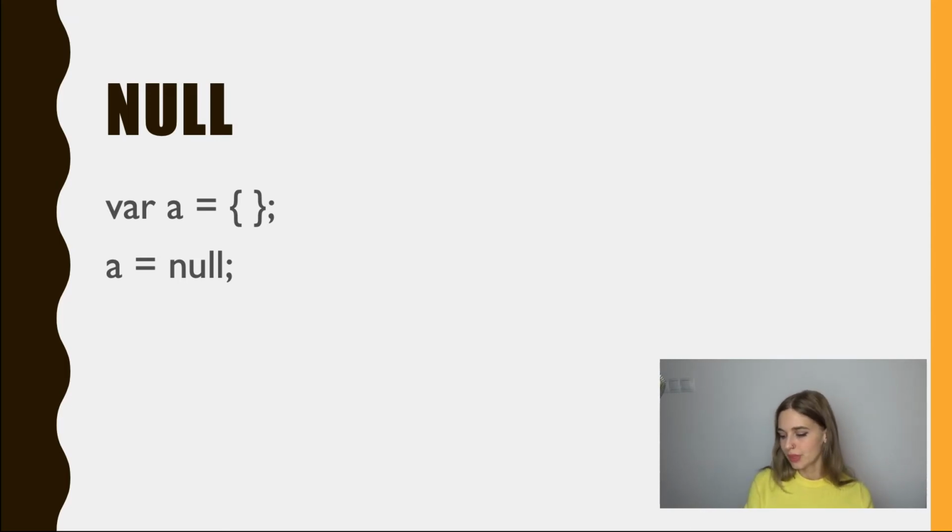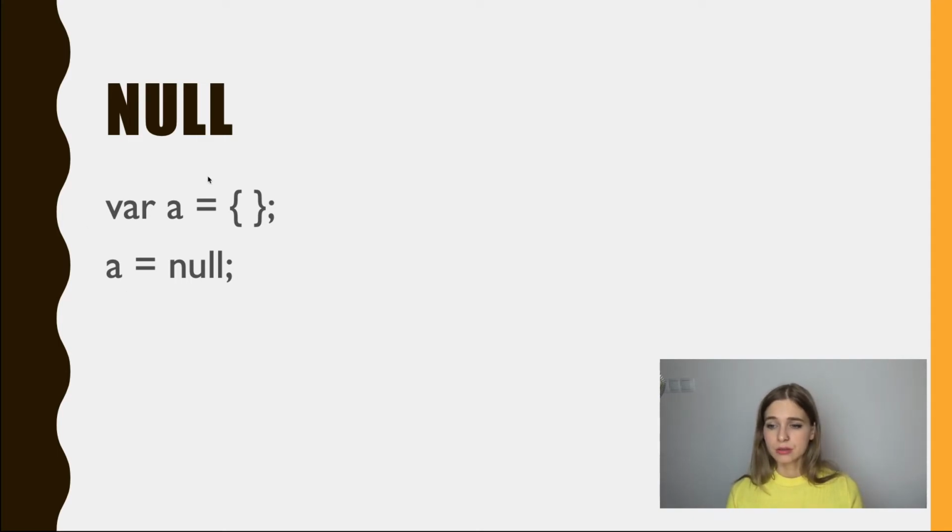But if you can recall, the non-primitive data types are also called reference data types, and one of the examples of the reference data types is object. And so here I've created this object, and if I wanted to, let's say, not have this object anymore, I wanted to destroy it because it's garbage and it takes the memory of the program, I would have to try breaking all the references it's got to the other elements.